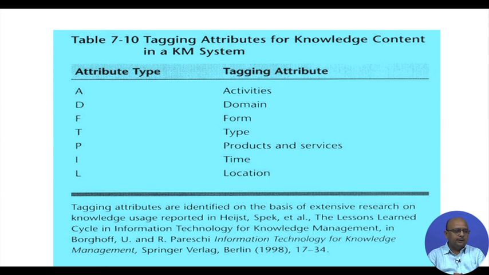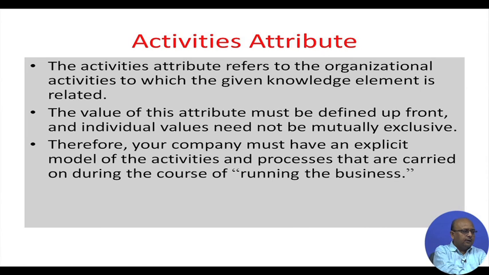So, what we are going to discuss now is how these different kinds of attributes are tagged with the knowledge content. Okay. We will discuss it one by one, starting with the first one, that is the activities attribute. When I am talking about activities, we are referring to the activities of the organization with which a knowledge element is to be tagged.